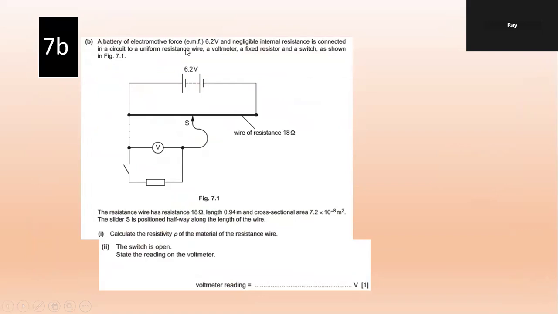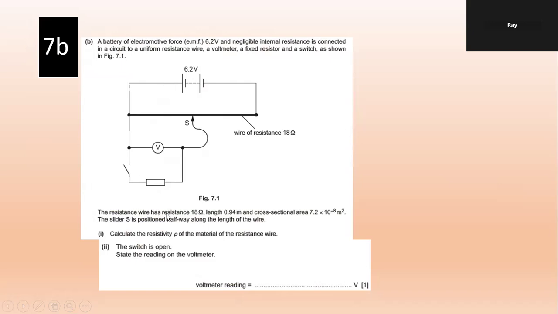A battery of electromotive force 6.2 volt and negligible internal resistance, no internal resistance, is connected in the circuit to a uniform resistance wire. This is a uniform resistance wire. A voltmeter is fixed, a fixed resistor, voltmeter, fixed resistor, and a switch as shown in figure 7.1.